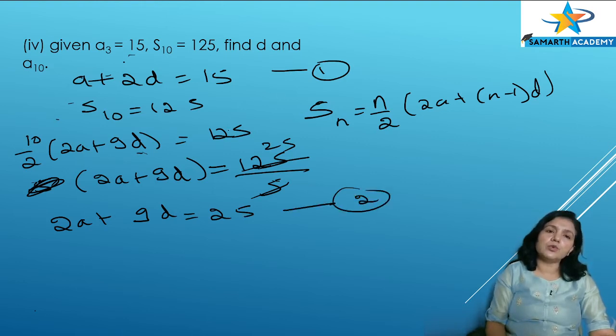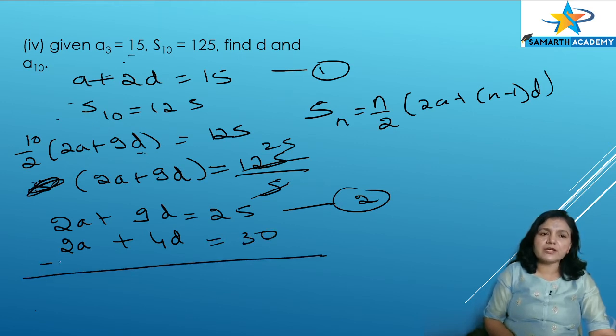Now what we will do, we will solve 1 and 2 by using simultaneous linear equations. Let's eliminate a. So multiply the given equation 1 by 2, then we get 2a plus 4d equal to 30, and subtract.